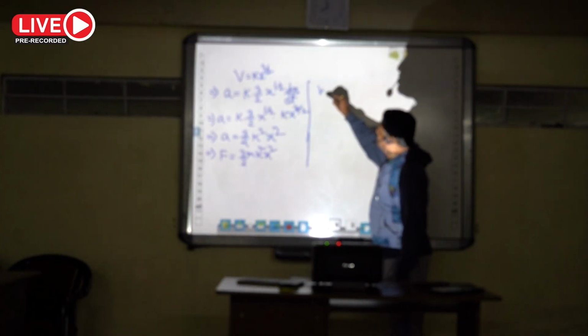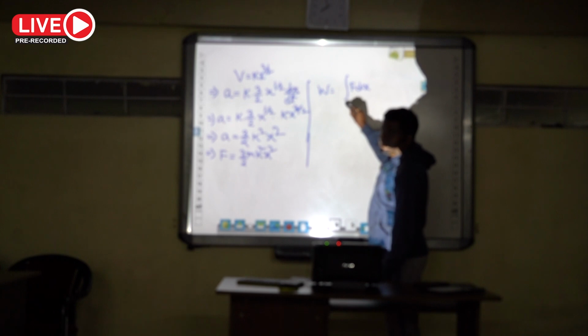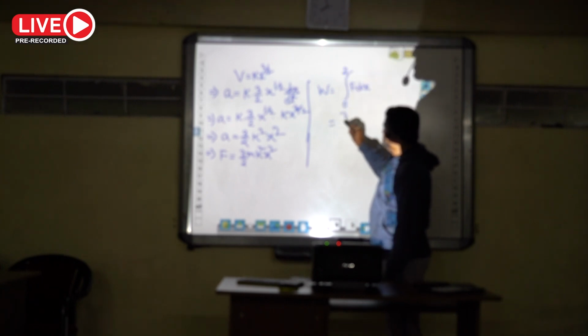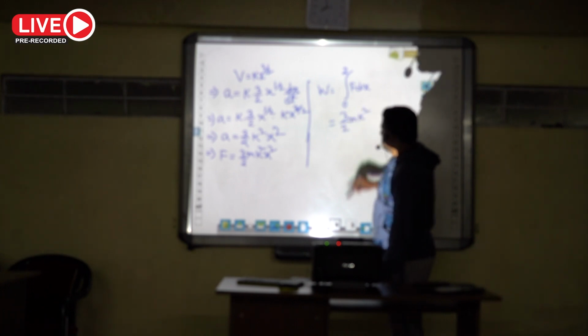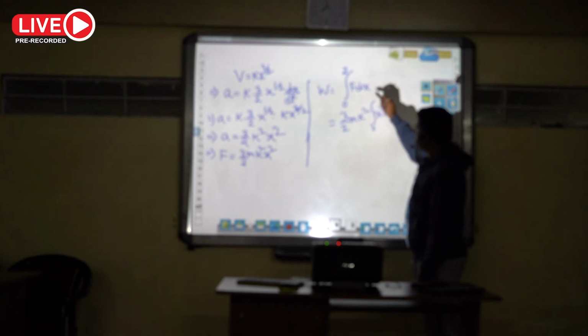Work done W equals integral f dx. x is varying from 0 to 2. So it will be 3 by 2 m k square, and then x square dx, with integration from 0 to 2.